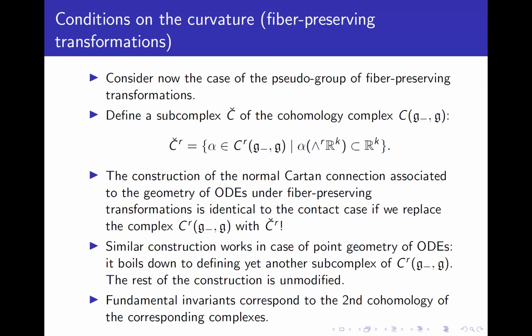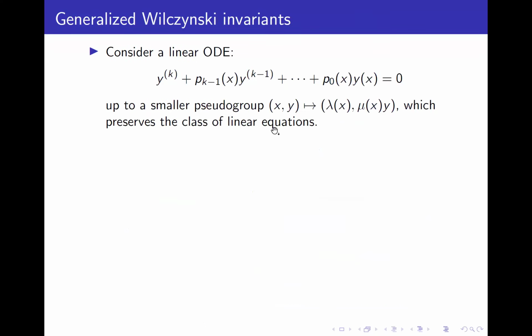For point and fiber-preserving transformations, that's done for ODEs of orders up to and including 6 so far, purely due to computational difficulties. To give you explicit expressions for these fundamental invariants, I need to introduce some notation and some examples.